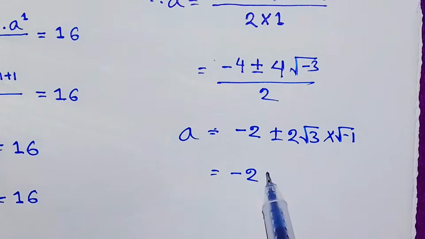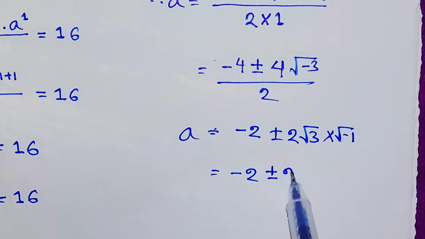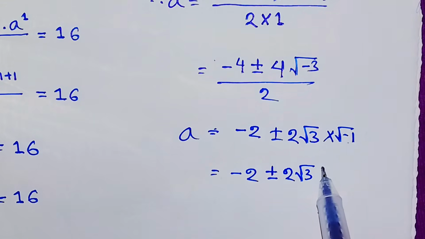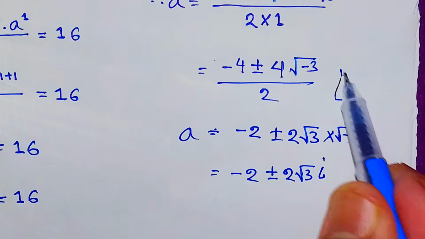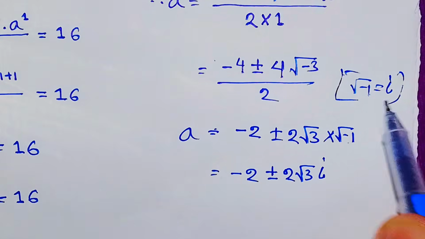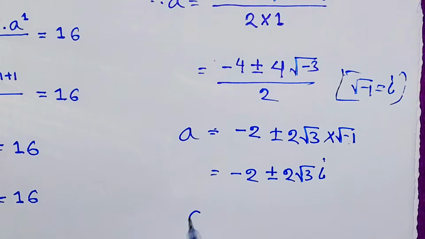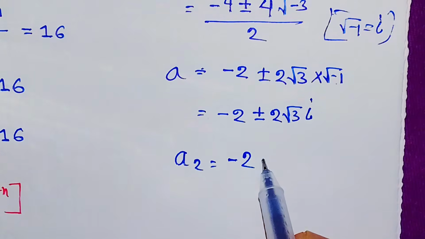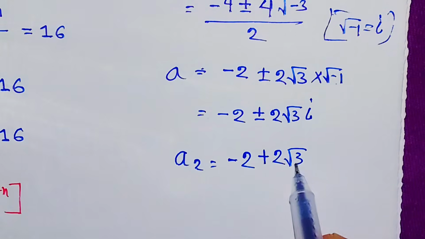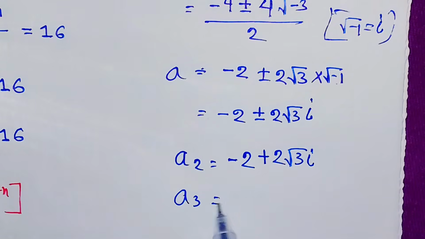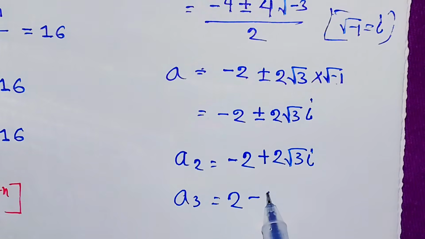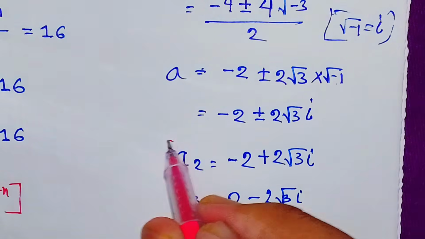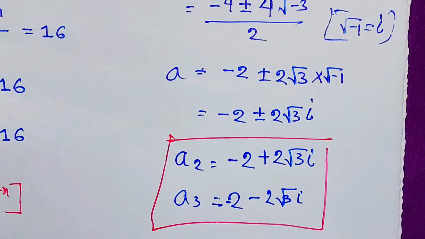Then it will look like plus minus 2 root 3 and this root minus 1 equal i, because we know root over minus 1 equal i. So from here we'll write in solution number 2: minus 2 plus 2 root 3i and a equal to minus 2 root 3i. So this is the solution number 2.